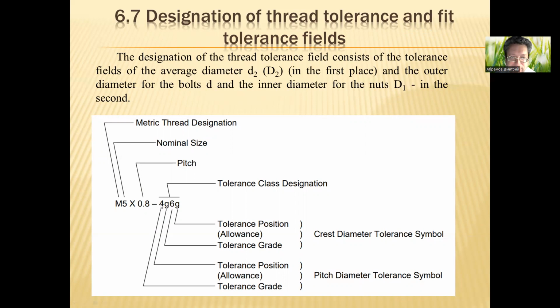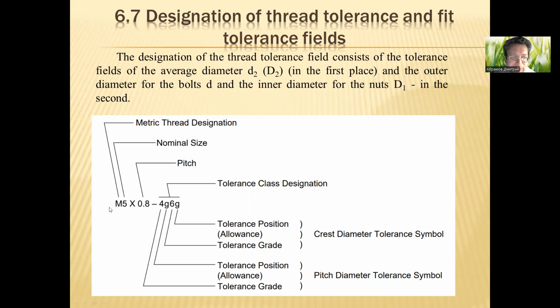First place and second place, as you can see. 4G is for average diameter d suffix 2, and 6g is for the bolt, because you can see small g, and for the bolt, it's the outer diameter of the thread.